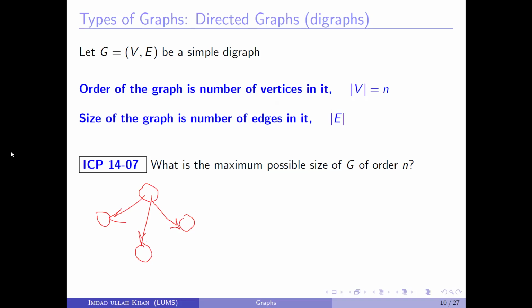Other vertices can also be connected at max with everyone else, which means 3 vertices, and the same analogy applies to the remaining 2 vertices. The total number of vertices is n. Each vertex can be connected with n minus 1 vertices at max, which means everyone else. That expression will give us the maximum number of edges which we can have in a simple directed graph.